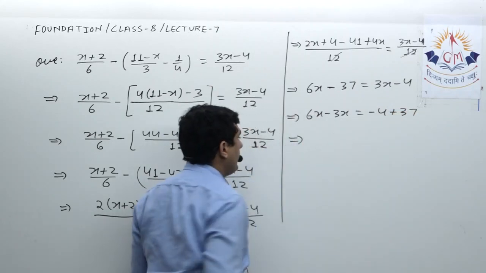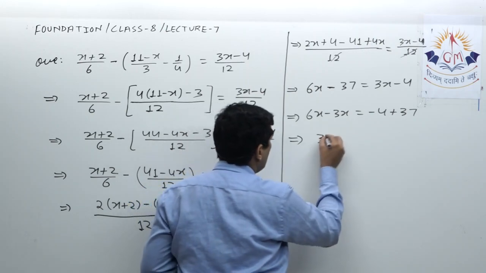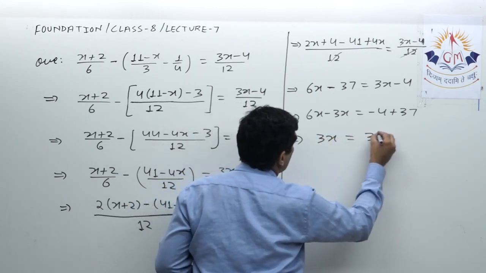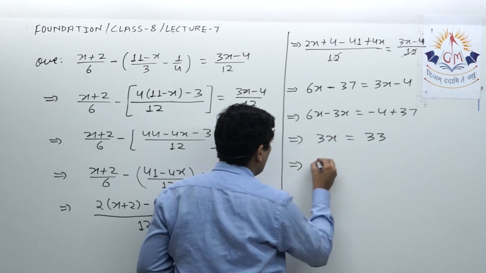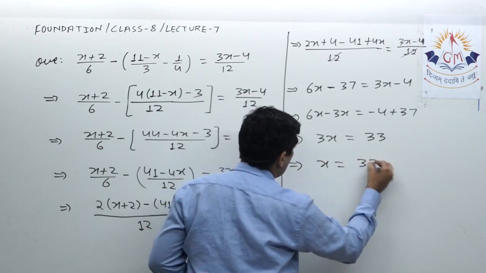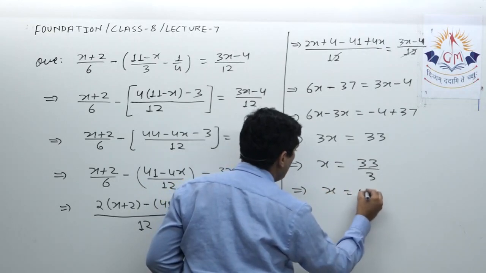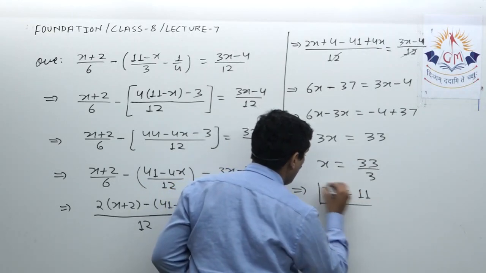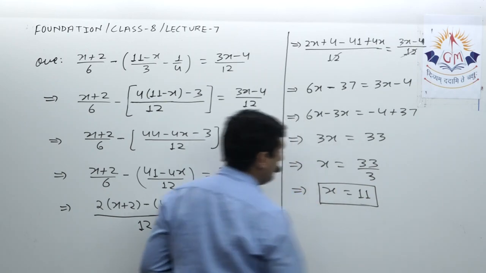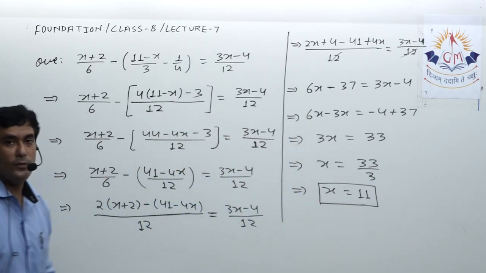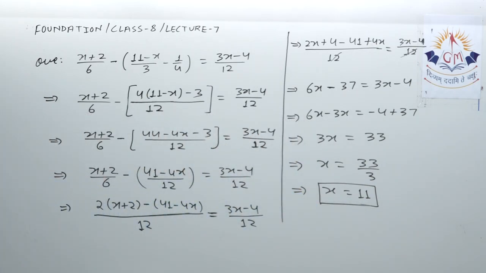So here 6x minus 3x is 3x is equal to 33. So ultimately x is equal to 33 divided by 3, which is equal to 11. So this is my final answer. Please note it down, then we'll see the next question.